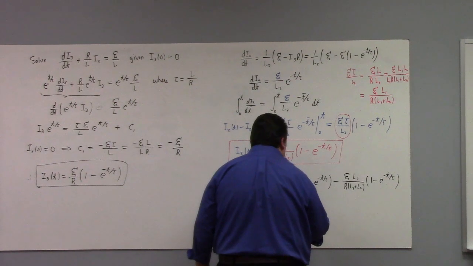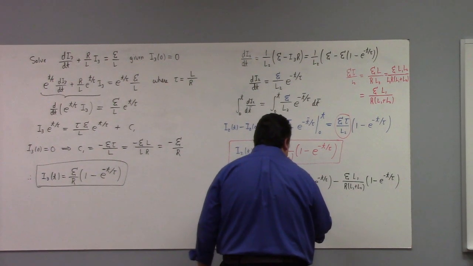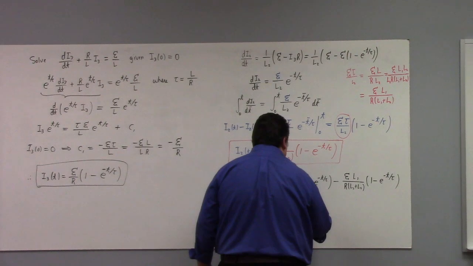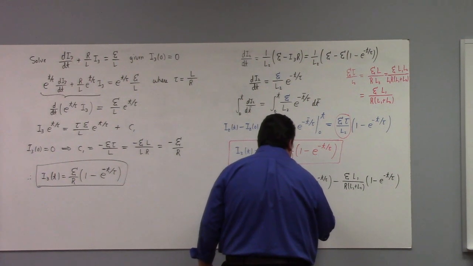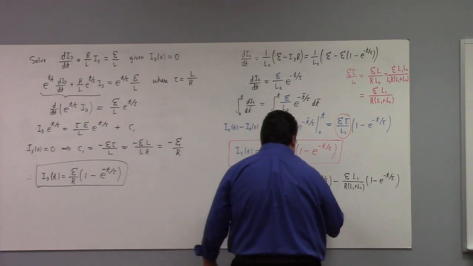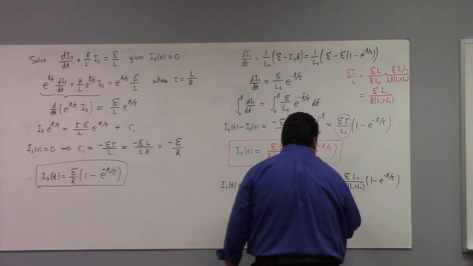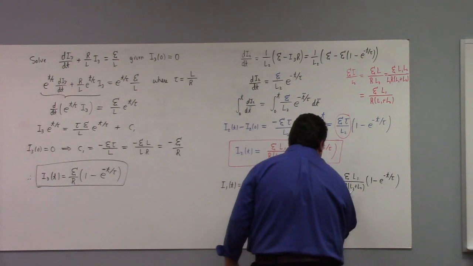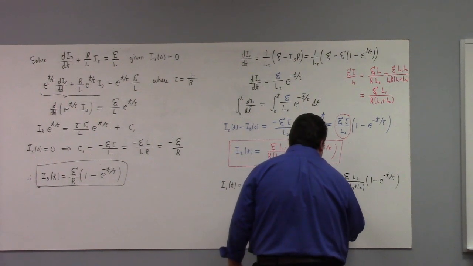Sorry, I'm too close to it. I guess I can write it out as a separate thing. Fine, I'll write it out again. Minus E over R times 1 minus, it's the same thing, both terms.